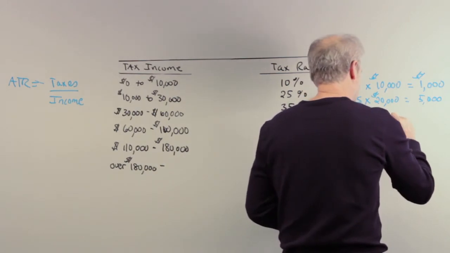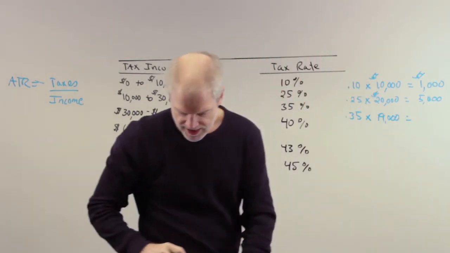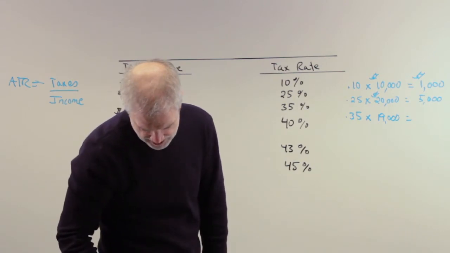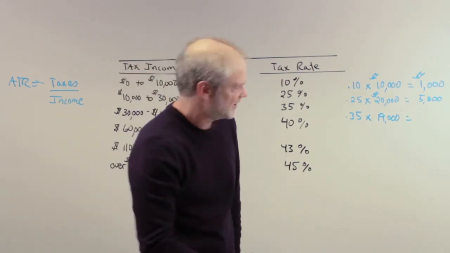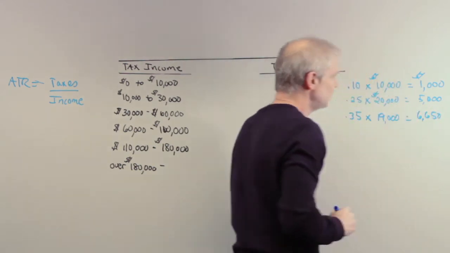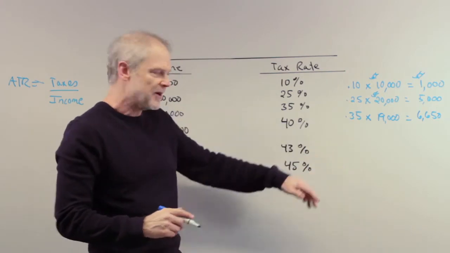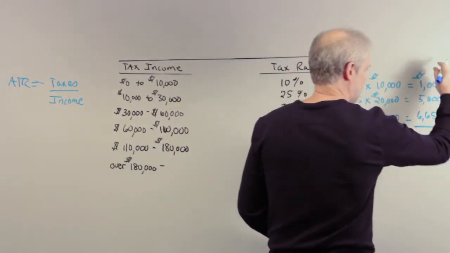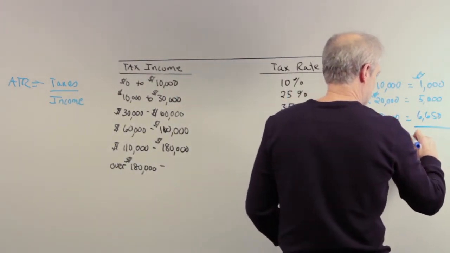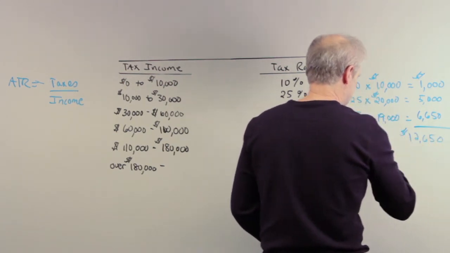So the person pays 35% on $19,000, which I wrote out as $6,650. Now we know the total amount of tax paid by this person. The total taxes is this sum right here: $12,650.